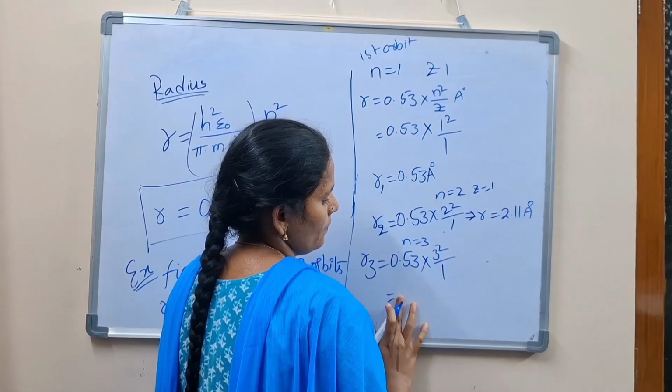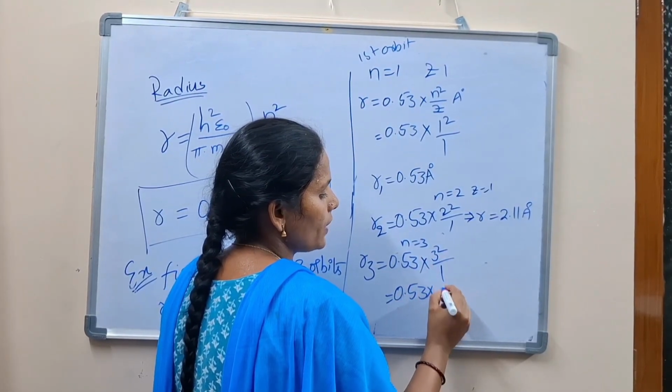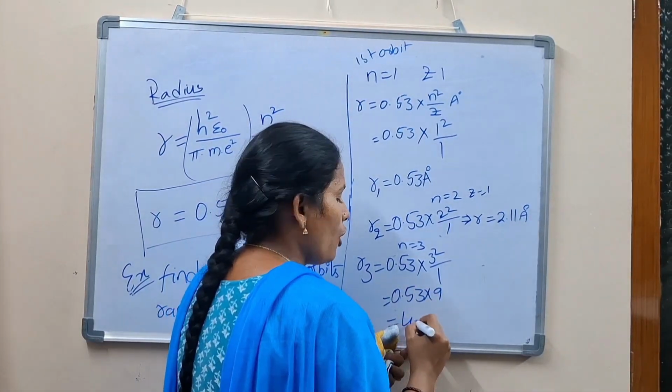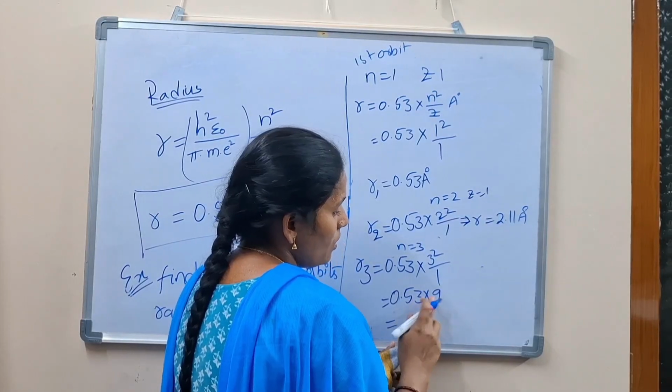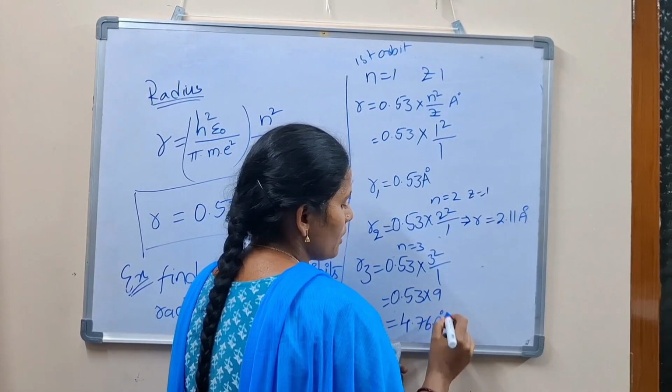That is 0.53 into 3 square, which is nothing but 9. We are getting approximately 4.76 angstroms.